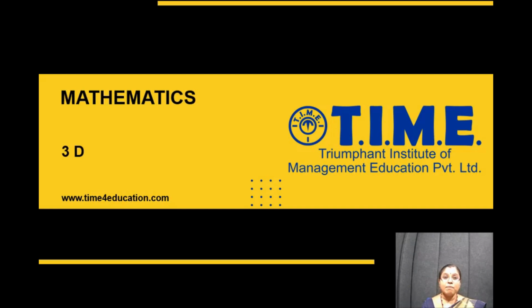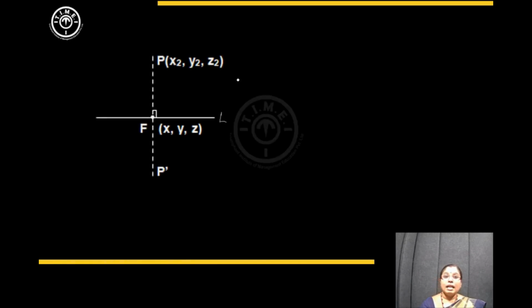Before that, let me explain what the foot of the perpendicular and mirror image actually are. Let's look at this figure. Let P (x2, y2, z2) be a point on the plane and L be the line in the plane.